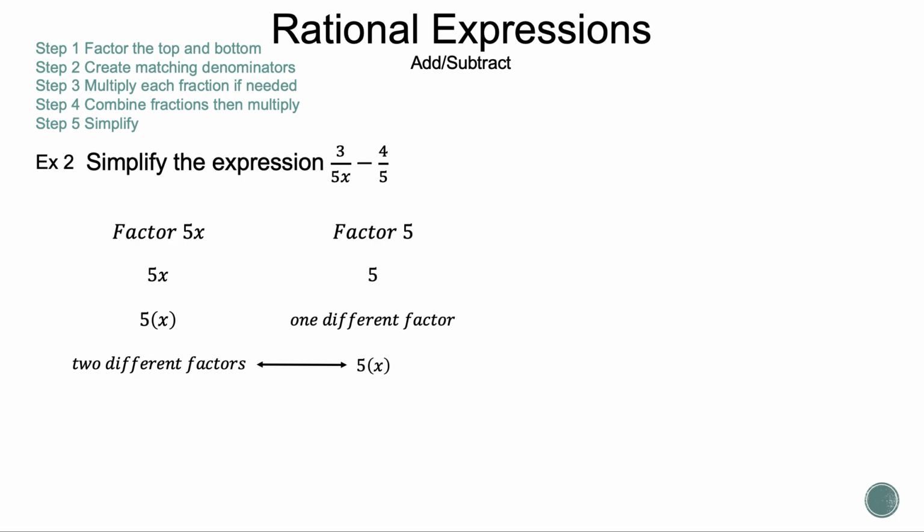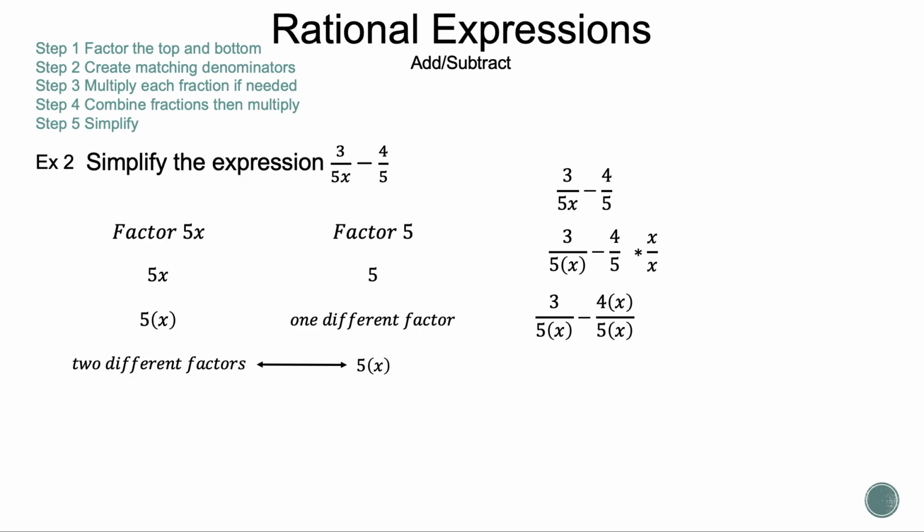Now that we have matching denominators, let's write down the expression 3 over 5x minus 4 over 5 so we can simplify the expression. What do we think is the first step? That's correct. We're going to multiply 4 over 5 by x over x so we can have matching denominators. Now, let's get rid of the multiplication sign and smash those terms together.